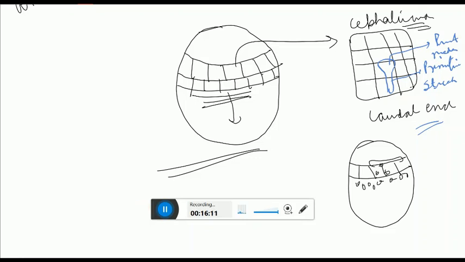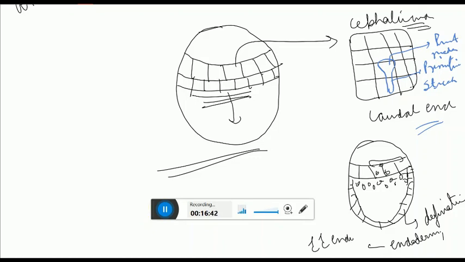That is the invagination of cells from the epiblast, that is the primitive streak. The hypoblast layer gets separated from the epiblast. And this separated hypoblast forms definitive endoderm, that is extraembryonic endoderm.